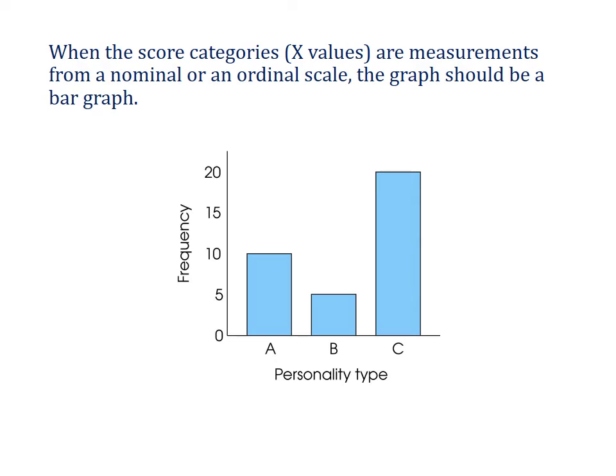So when researchers have taken data from nominal and ordinal scales, keep in mind, I suggest, this very important point: you should present your graph only as a bar graph. A bar graph example you have seen here.